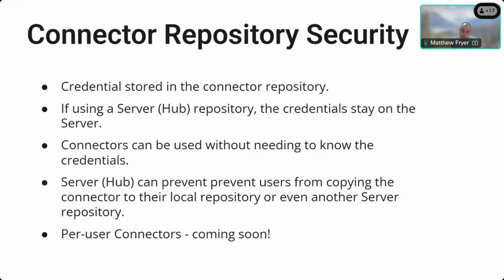One thing worth noting, and I won't go into details or look at it, is that we are going to be bringing a new feature in the not too distant future in version 6 that will allow per-user connectors. Again, these will reside on the server repository, but they won't contain usernames and passwords or other authentication credentials. They'll allow people to configure them with their own.